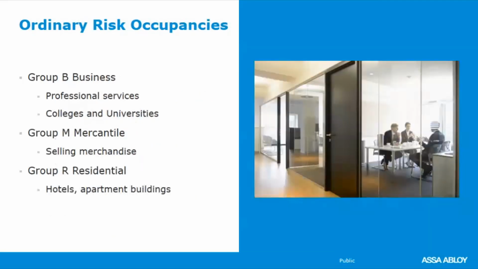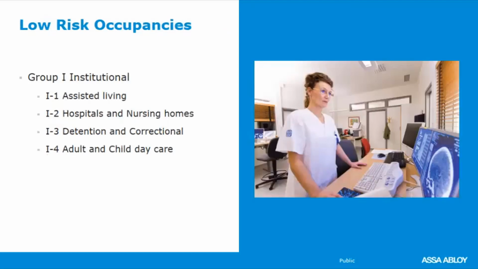Ordinary risk occupancies include Group B business, which is professional services and includes colleges and universities. Group M, mercantile, the selling of merchandise, and Group R, residential, which would include hotels, apartment buildings, dormitories, and the like. And our low risk occupancies are Group I, institutional, the ones on the screen: assisted living, hospitals and nursing homes, detention and correctional facilities, adult and child daycare.